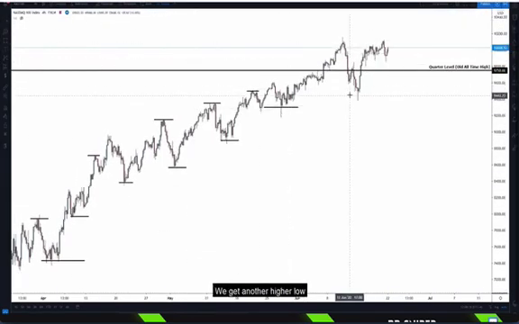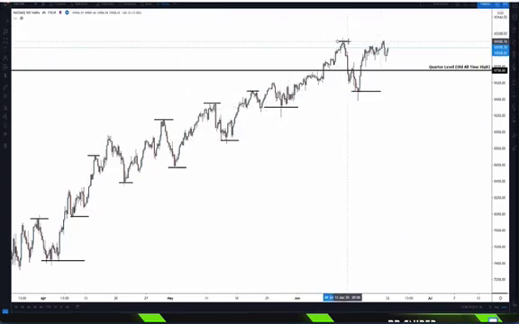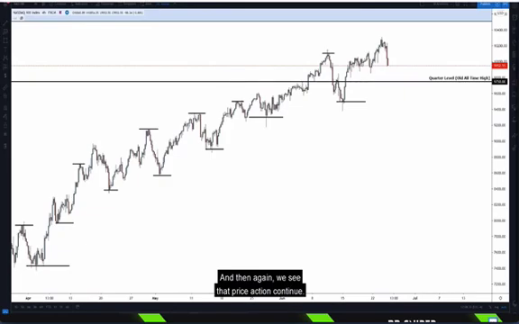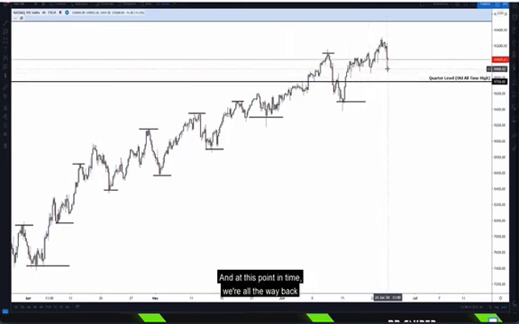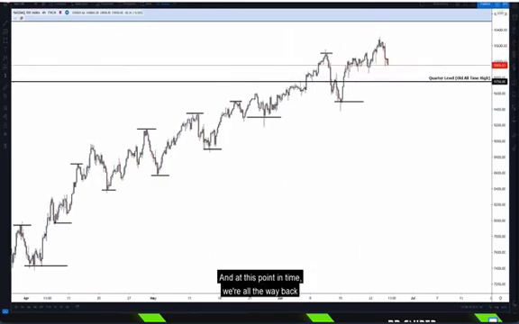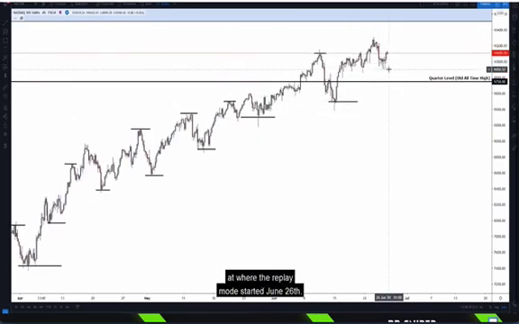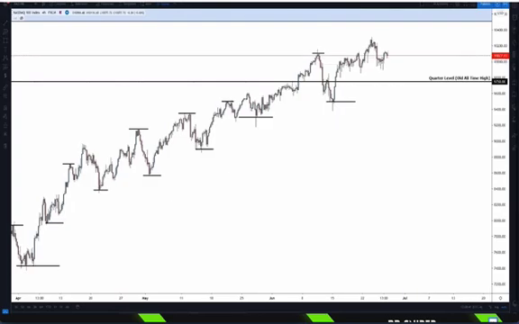We get another higher low relative to that last point of structure. We had a higher high. And again, we see that price action continue. And at this point in time, we're all the way back at where the replay mode started, June 26th.